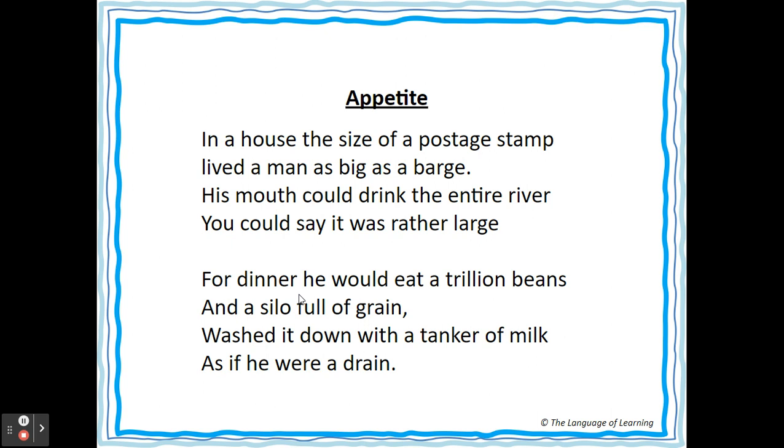Go ahead and pause and find those examples. There was quite a few. So think about again, why would they be saying the house is the size of a postage stamp? What are they saying about the house? Remember, we're doing things in extraordinary ways. So we're not just going to say the house is small. We're going to make it fun and say it's the size of a postage stamp.